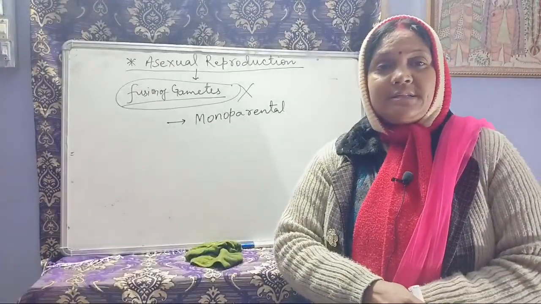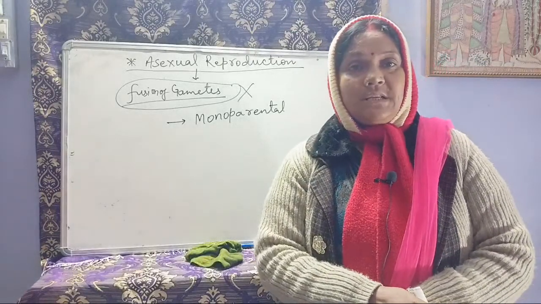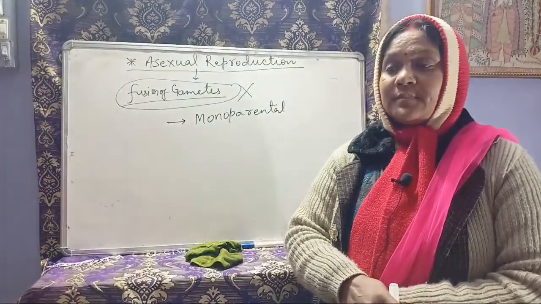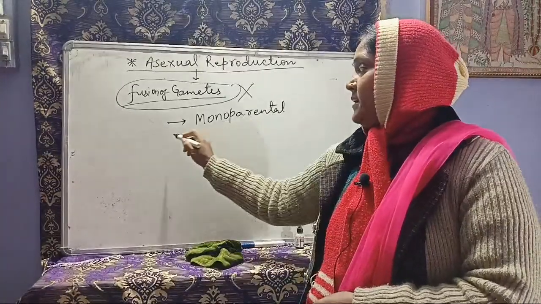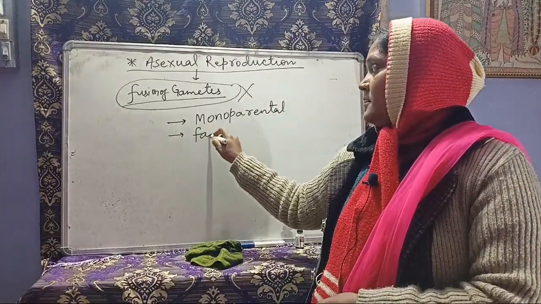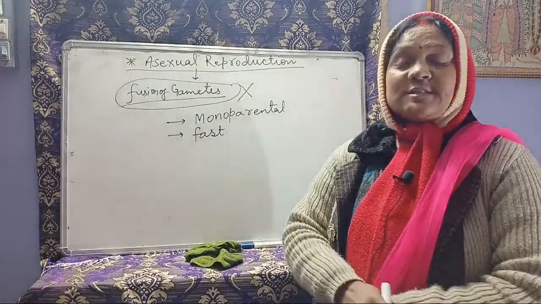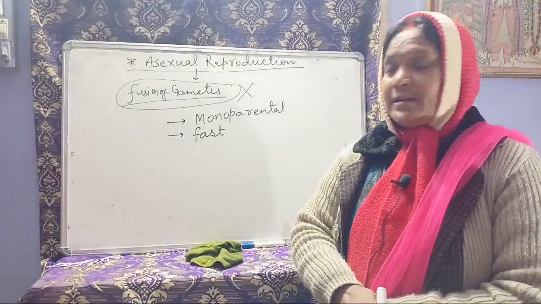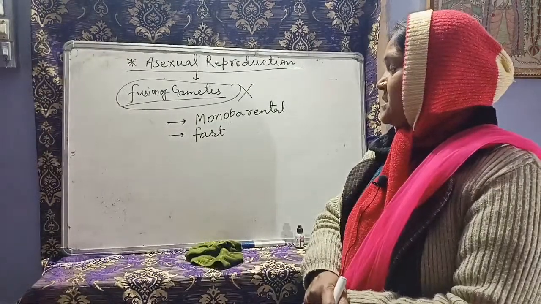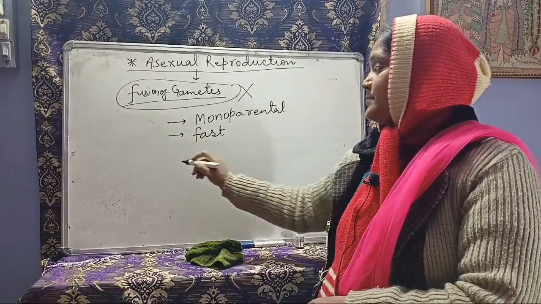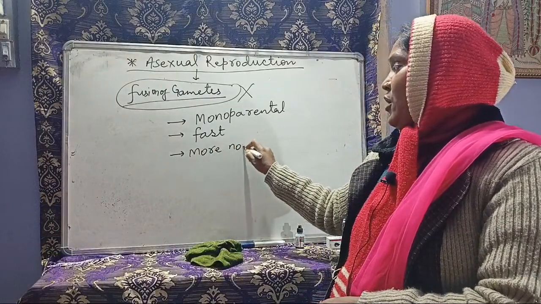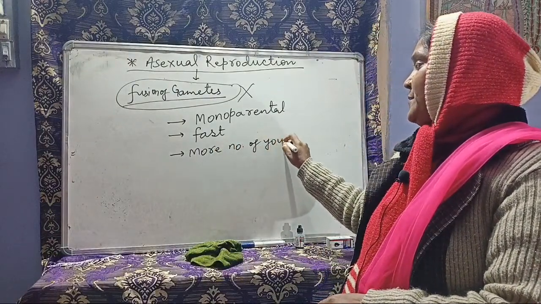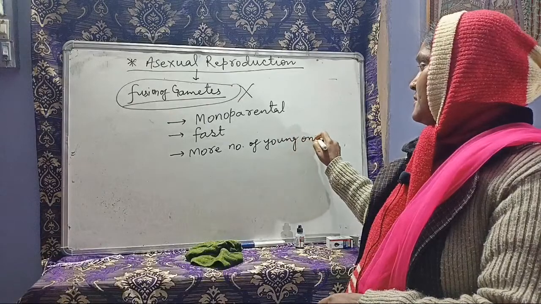Only one parent is involved in young one production. It is a fast process. More number of young ones are obtained.